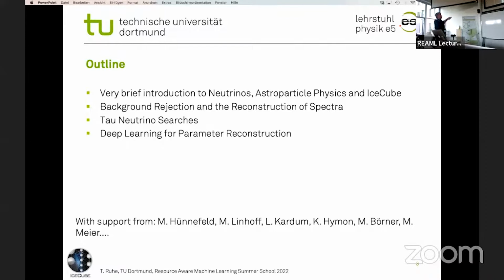These are the background rejection and the reconstruction of spectra; the search for a very particular type of neutrino, the tau neutrino; and then, of course, we always have to have some deep learning, and deep learning for parameter reconstruction in IceCube has proven to work very well.